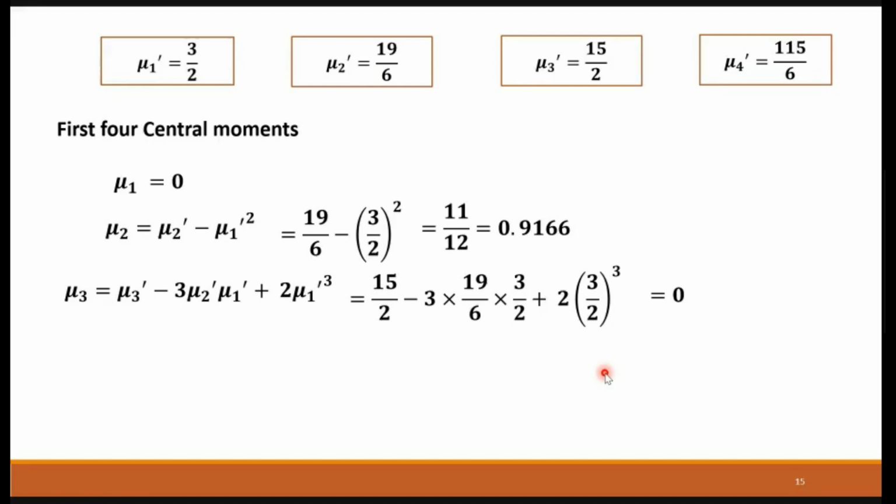Similarly, we have to find mu4. mu4 is equal to mu4 dash minus 6 into whatever the formula is; after writing the formula, we have to write the value for mu4. mu3 is right. So how do we write the formula for mu4? mu4 dash minus 4 mu3 dash mu1 dash plus 6 mu2 dash mu1 dash square minus 3 mu1 dash whole raised to 4.